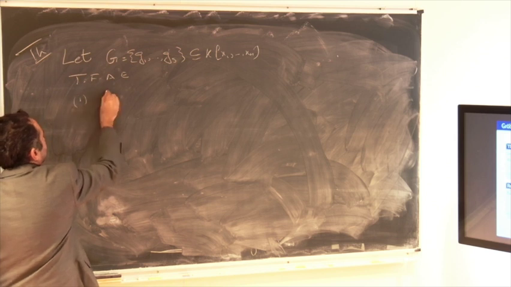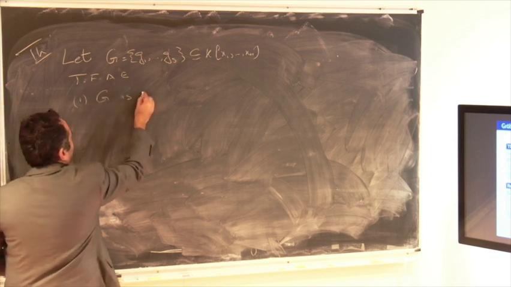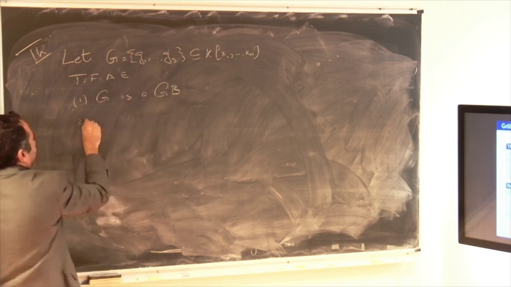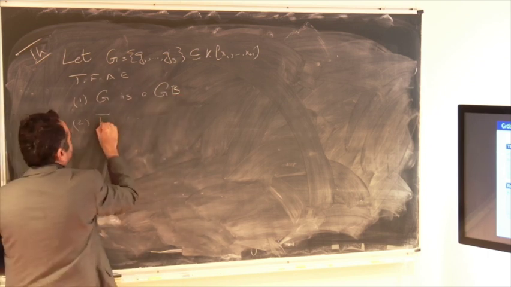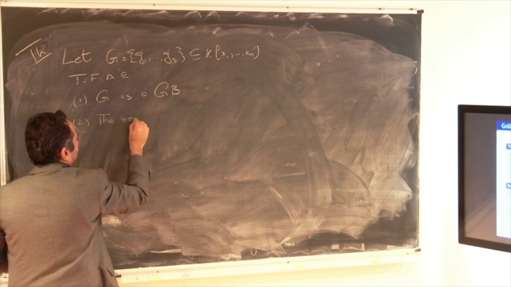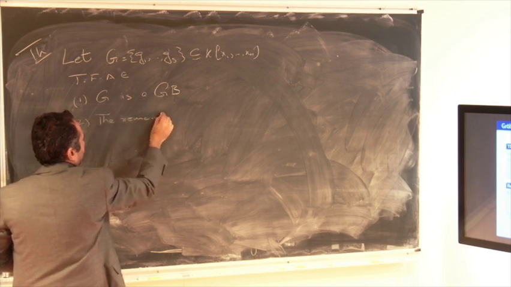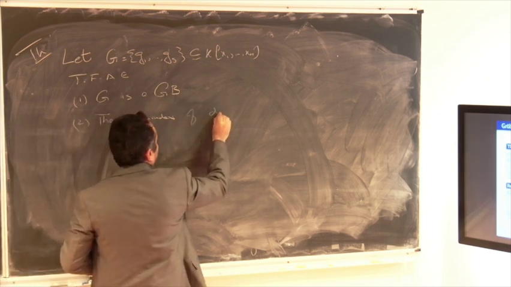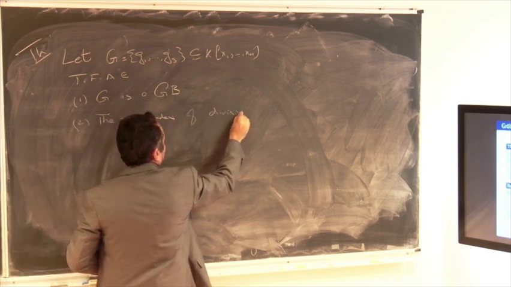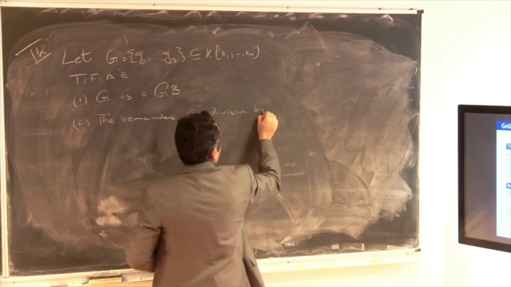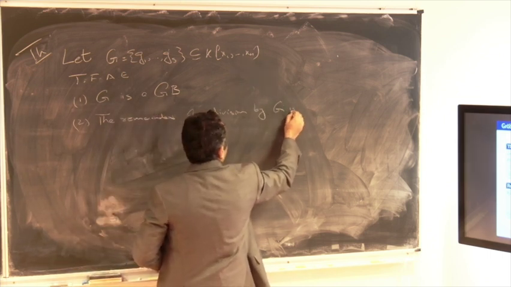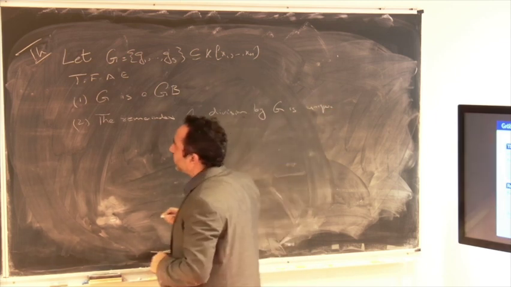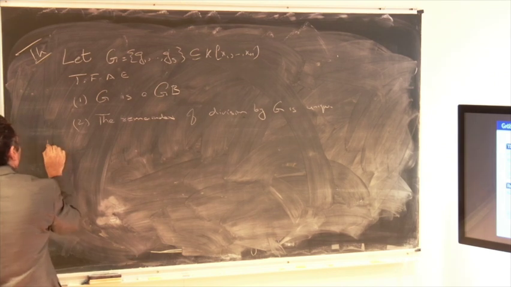The first statement is that G is a Gröbner basis; we usually denote Gröbner basis by GB. The second statement is that the remainder of division by G is unique. It's a very simple proof, so I will go only through 1 implies 2.